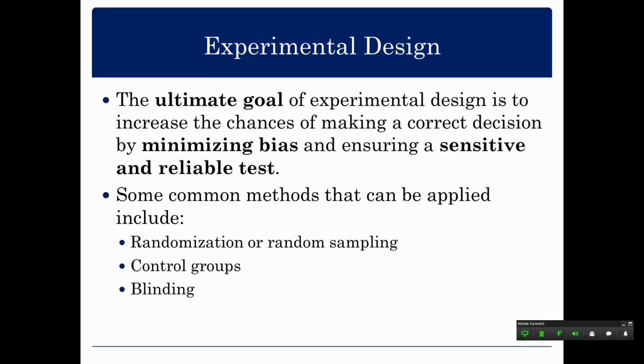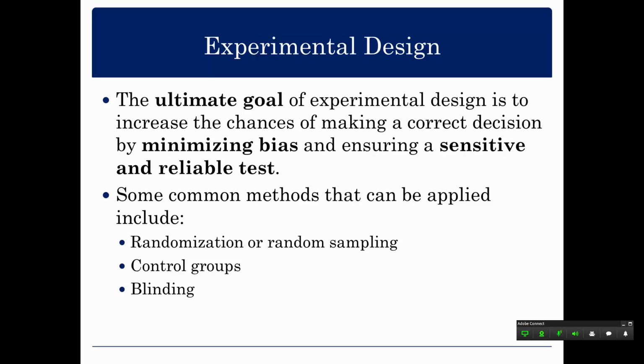But again, the ultimate goal of all of these different techniques, which we lump into this statistical framework called experimental design, is just to provide you with increased chances of making a correct decision by incorporating techniques that minimize bias in the outcomes that you are measuring, and also ensuring that we have a sensitive test, a test that will actually show us a difference when it's actually there, or not flag a difference when it doesn't exist.